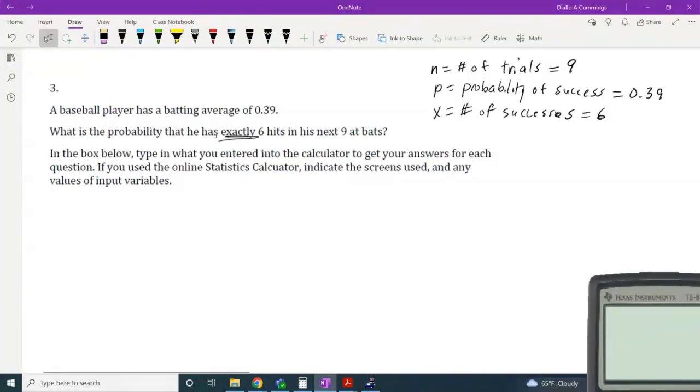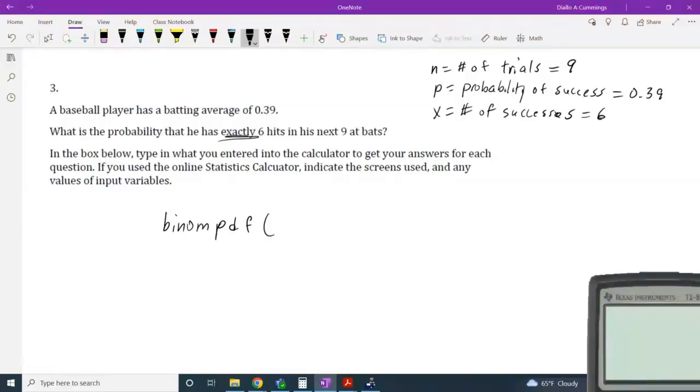So since we're finding an exact probability, we're going to use the binomial PDF, right? Because remember, cumulative is from that number down. PDF is for exact probability. So now we're just going to put in the 3 parameters.